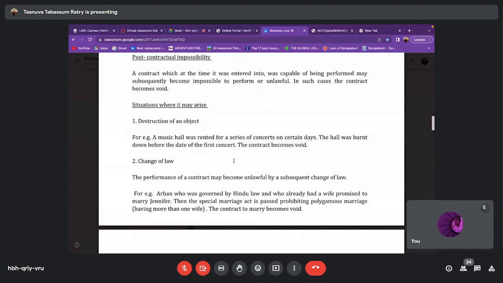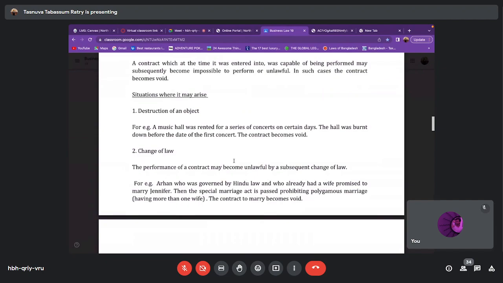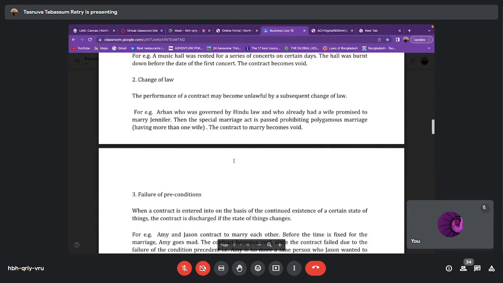As you can see, I've given an example here as well: a music hall was rented for a series of concerts. The hall was burned down before the date of the first concert. So what will happen? The contract becomes void. The contract is terminated due to a post-contractual impossibility. Second, change of law.